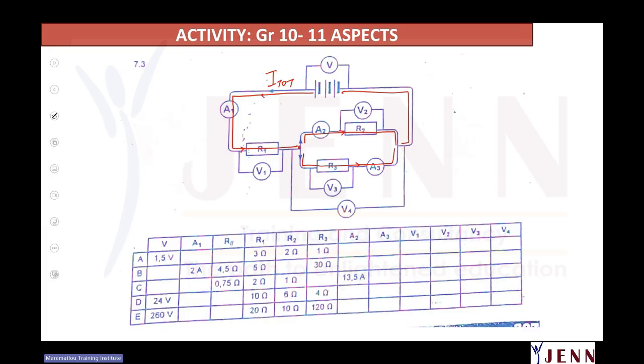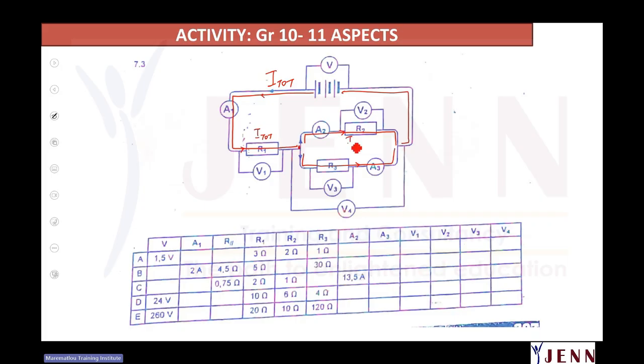Now, the current flowing out of the battery is always the total current. So the current passing in A1 is the total current of the circuit. The current passing in R1 is also the total current of the circuit. So we are looking for I total there. However, when this I total reaches this point, it is divided into two.